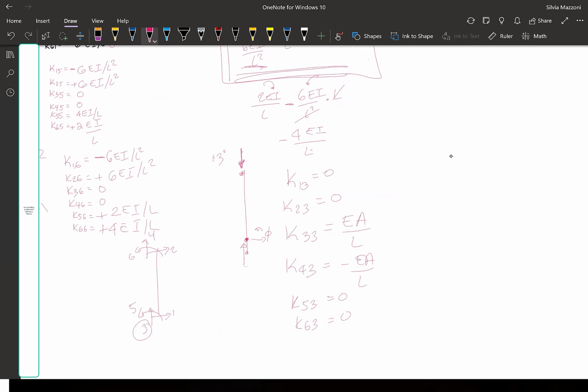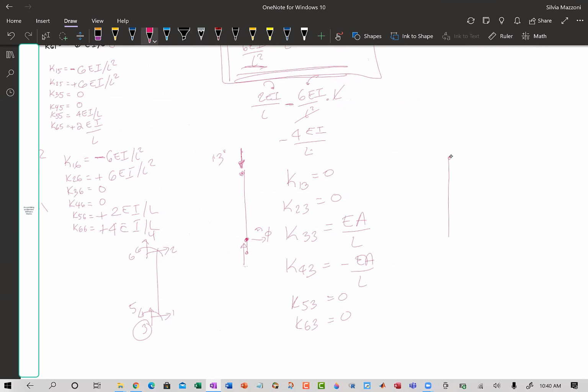And so if we now look at degree of freedom 4, now we're going to move it upward, right? It's always positive up. I start doing it downward just because of symmetry. And so now we've had to push this guy up to move it upward. Well, this node would want to go up with it, right?